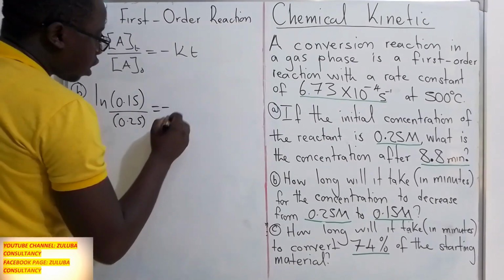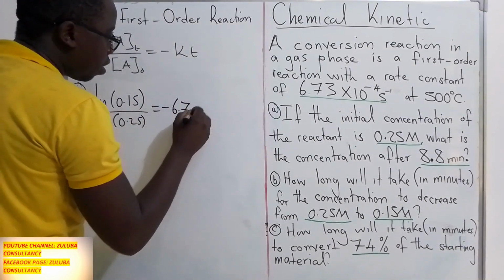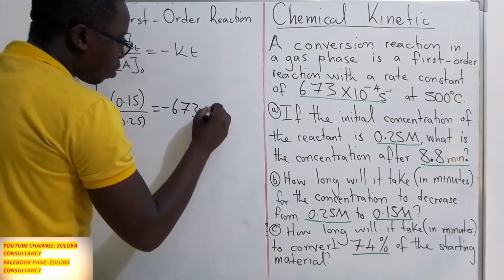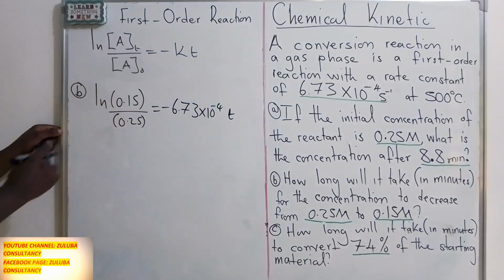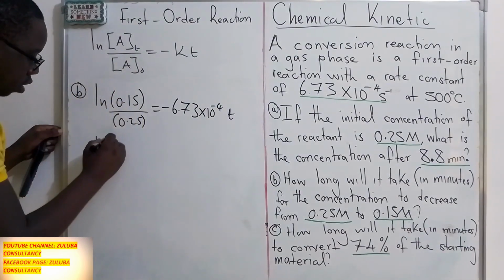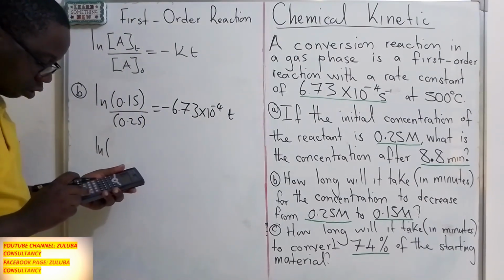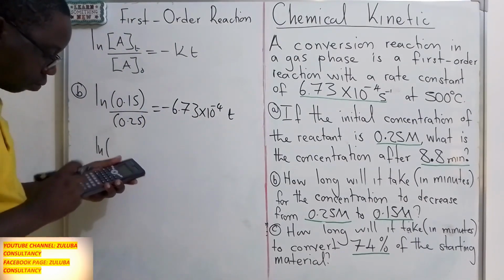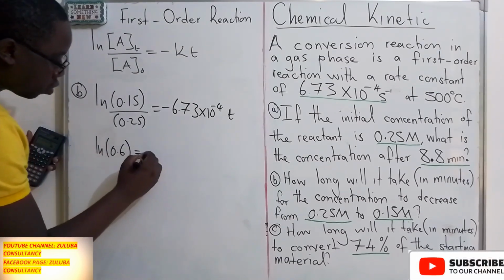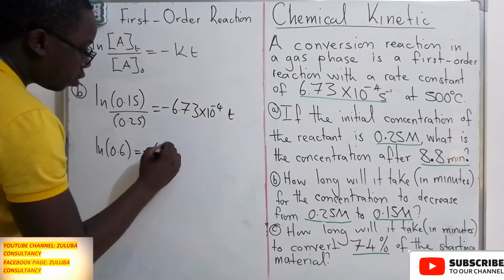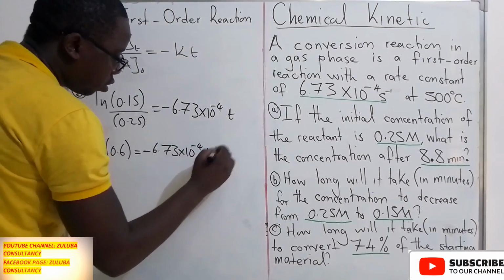This is equal to negative of the rate constant, which is 6.73 times 10 to the power negative 4, and we have the time that we have been asked for. So what is the natural log of 0.15 divided by 0.25, which gives us 0.6, is equal to negative 6.73 times 10 to the power negative 4 t.